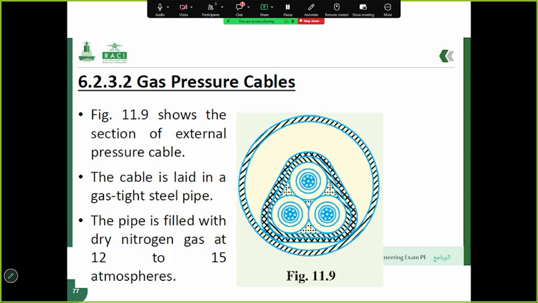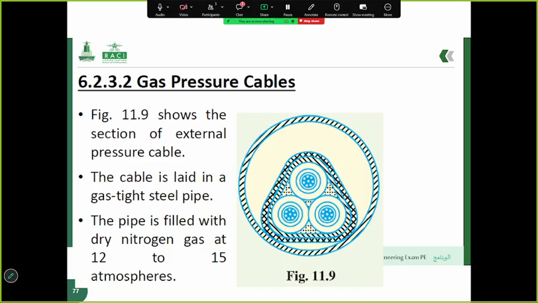These three cores are placed inside a gas-tight steel pipe. The space inside this pipe is filled with dry nitrogen gas at high pressure, typically between 12 to 15 atmospheres.